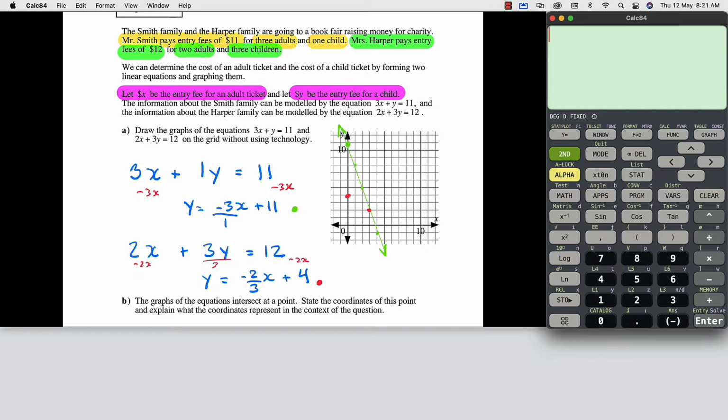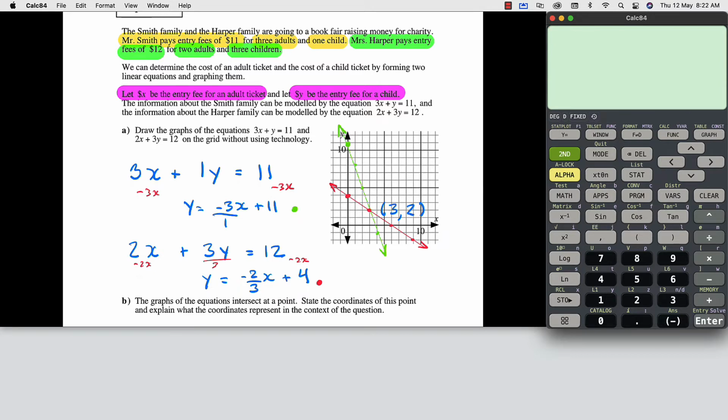Down 2, right 3, and that would form a line going straight through here, forever in both directions. Essentially this point right here at the intersection is going to be our x value of 3 and the y value of 2.